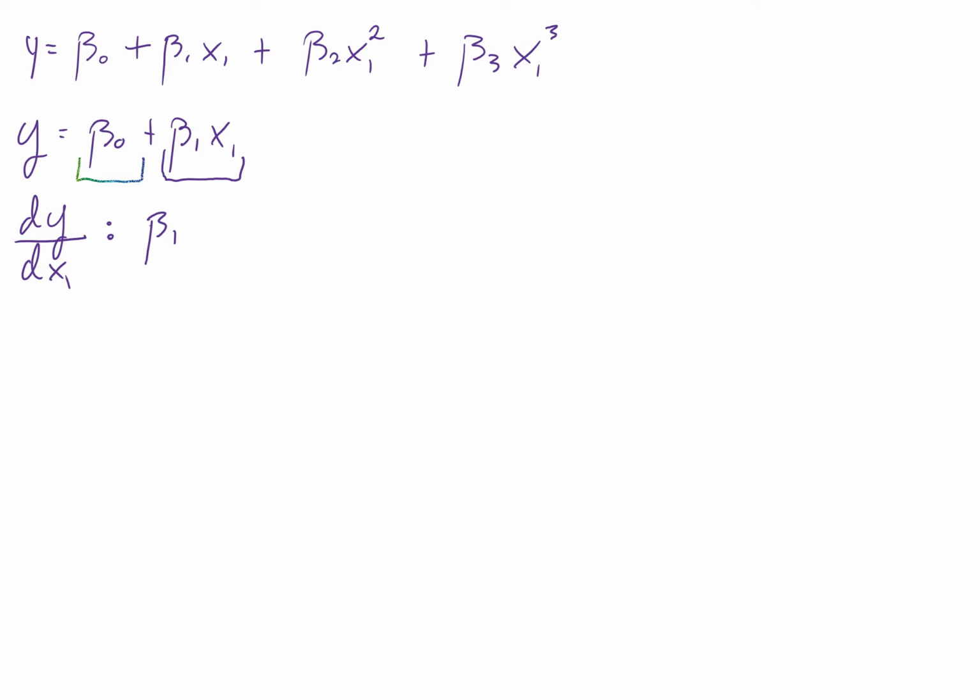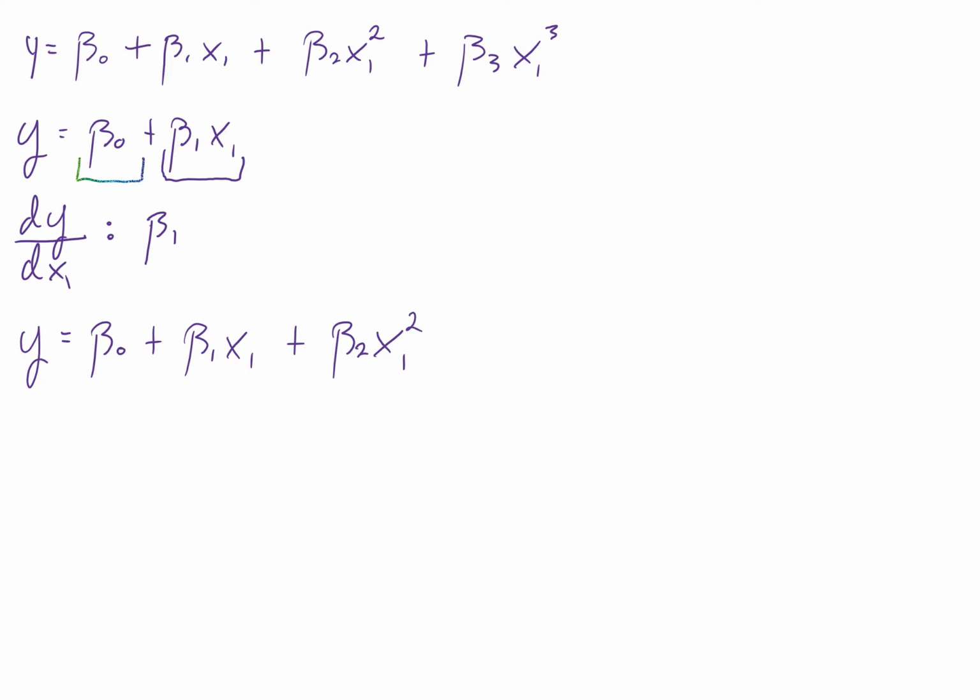We're going to do the exact same thing when it comes to a polynomial. So let's do a simple one here. Let's say we've got y equals beta 0 plus beta 1 x1 plus beta 2 x1 squared. We want to know, what's the effect of x on y?